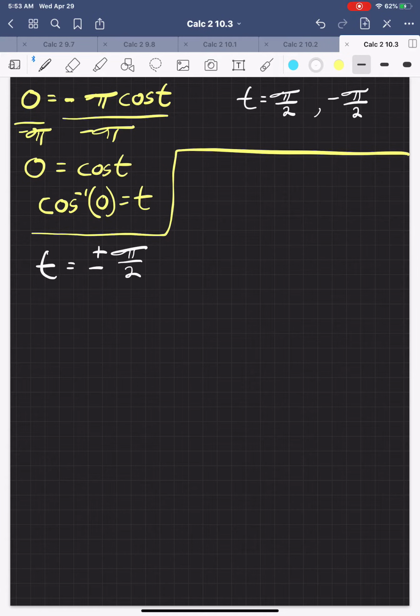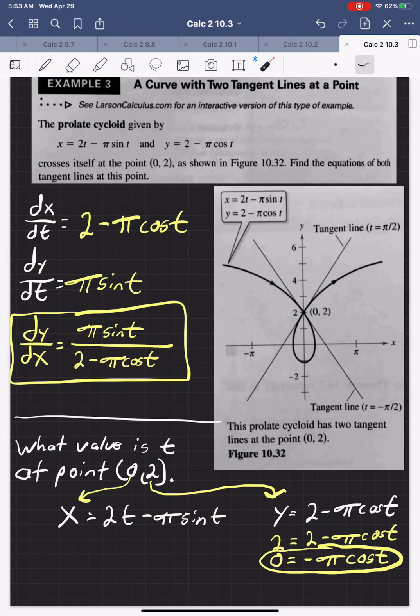Now let's go back to the picture just so you can understand. Here's this comet coming.